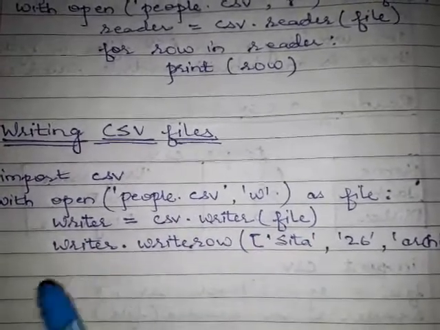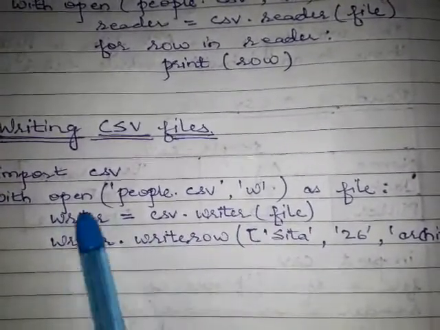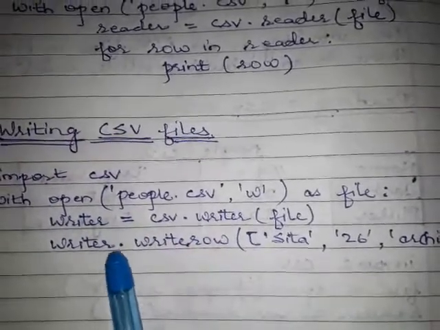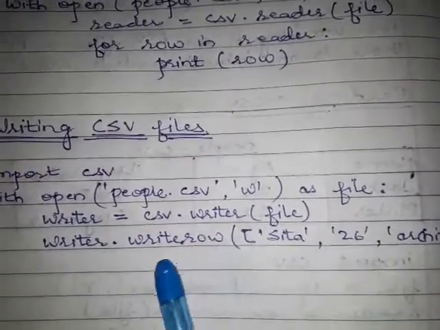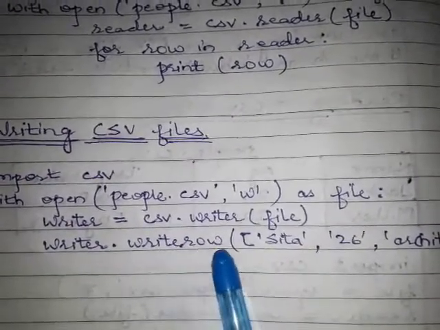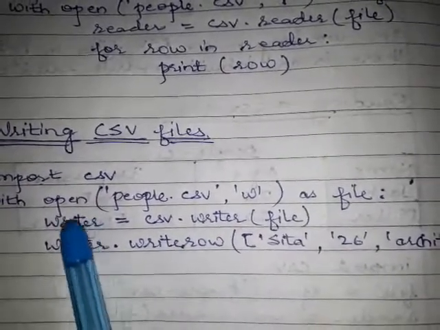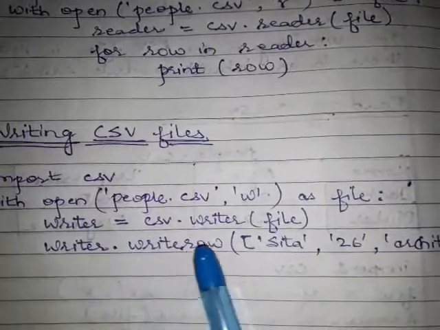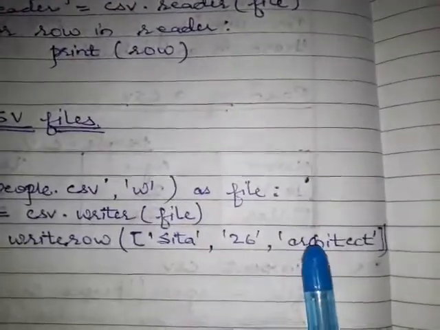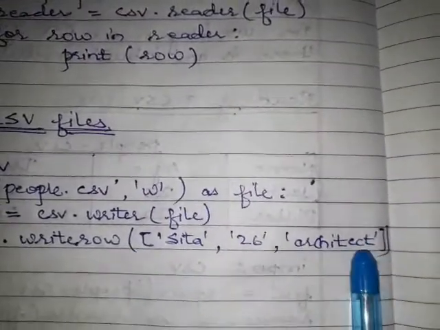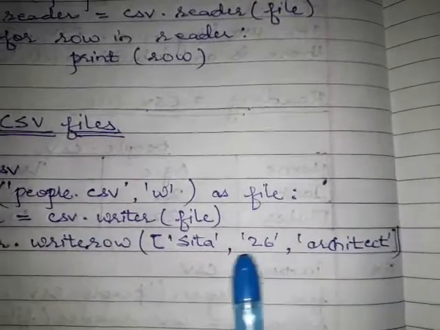Now with the help of this writer, we are able to write some content in the file. Here I am using the writerow method: writer.writerow and our values. The values are passed as a single record.